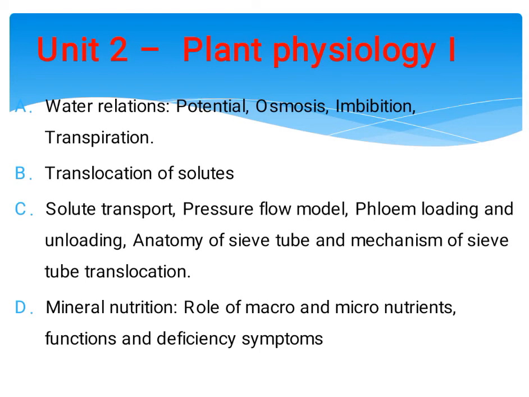Translocation of solutes, solute transport, pressure flow model, phloem loading and unloading, anatomy or internal structure of sieve tube and mechanism of sieve tube translocation. Last topic is mineral nutrition. In that, role of macro and micronutrients, their functions and deficiency syndrome. So this entire unit is related with internal processes of plants, and hence it is known as plant physiology 1.